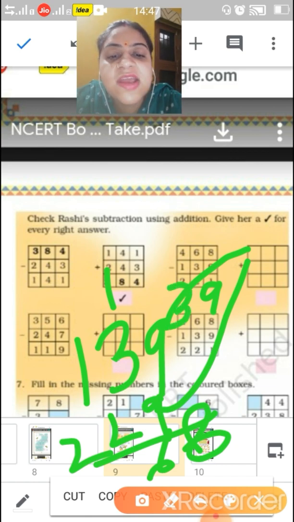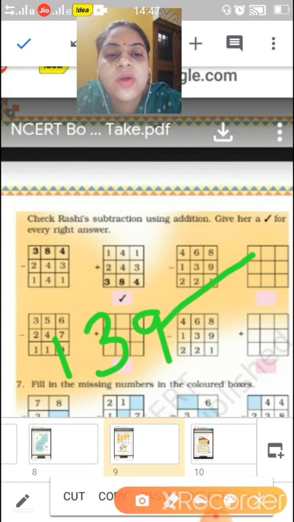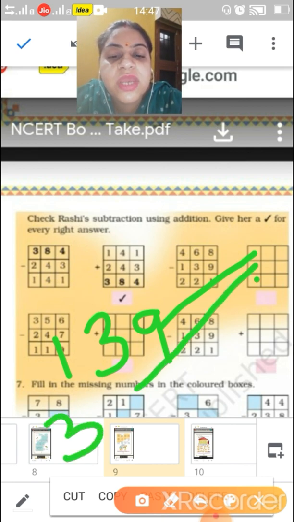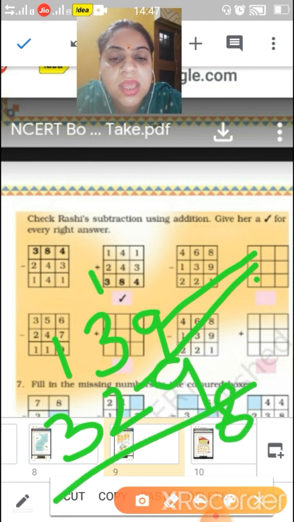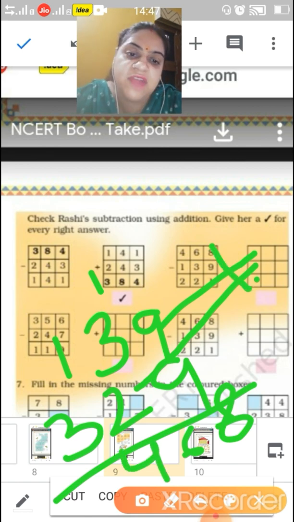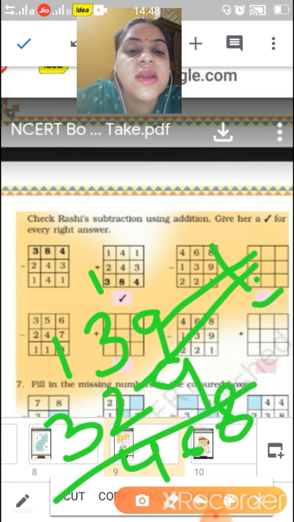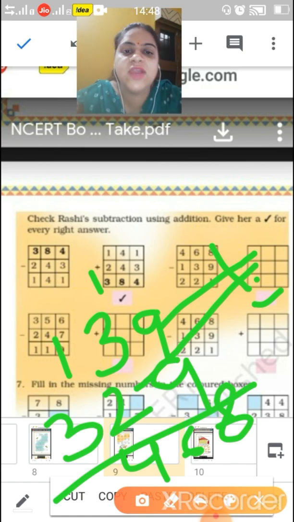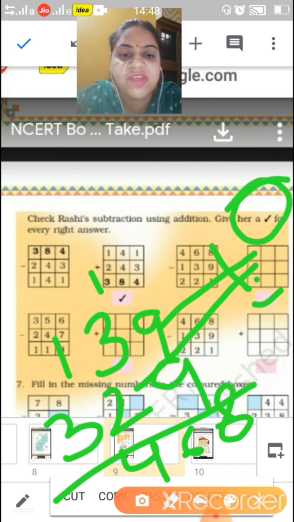So our answer is, first you will write 139 in the first box, then you will write in the second box 329. Now 9 and 9, 18, 3, 4, 5, 6, now 468. Then our answer is matched, and then you will put correct. So 139 plus 329, you will automatically get 468, because we have to see whether they have written right or wrong. So this is wrong, but we have done it correctly, okay.